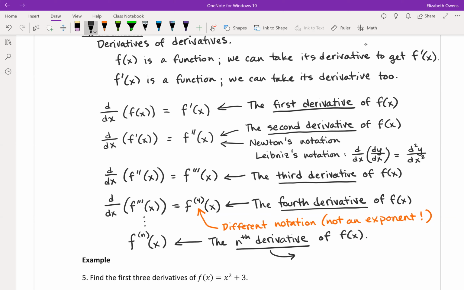So for the nth derivative, n is a positive integer. You can't take like the negative second derivative of something. We'll kind of get to what the opposite of a derivative is later on this semester, but n has to be a positive integer here, so you're counting through first, second, third, fourth, up to nth derivative. Okay, now in the next video, we'll do a little example.